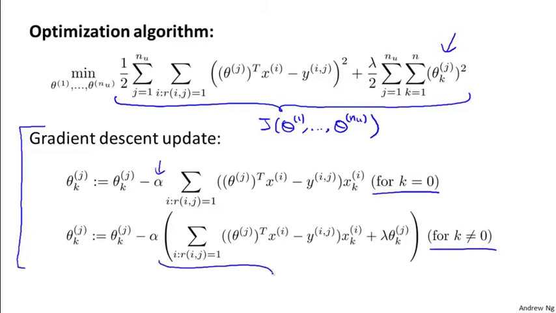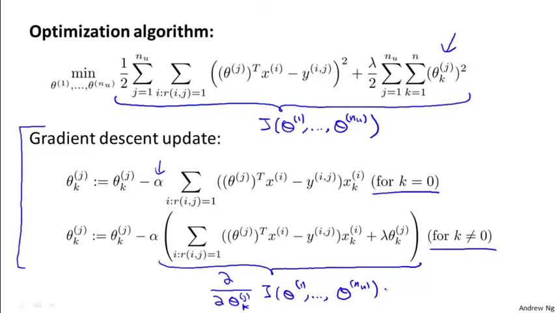And this term over here, for example, is just the partial derivative with respect to your parameter of your optimization objective, right? So this is just gradient descent, and I've already computed the derivatives and plugged them in here. If these gradient descent updates look a lot like what we had for linear regression, it's because these are essentially the same as linear regression.